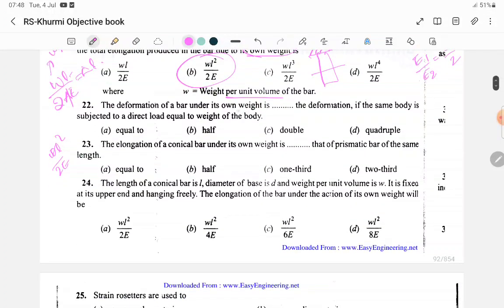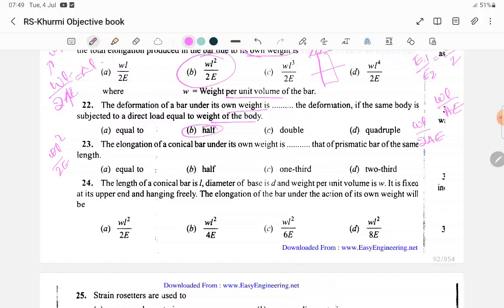Deformation of a bar under its own weight is dash the deformation if the same body is subjected to a direct load equal to the weight of the body. It is half, because capital WL by 2AE is for self weight, but the normal case is WL by AE, that is without self weight.